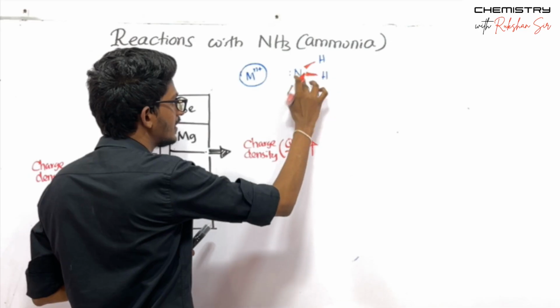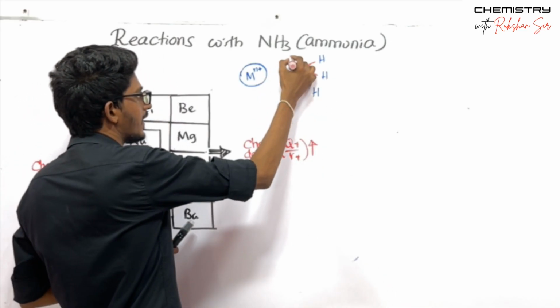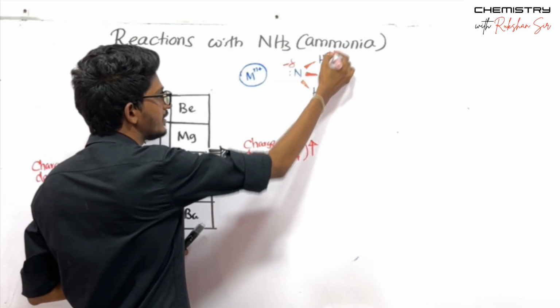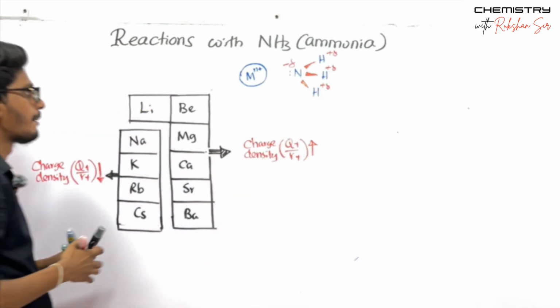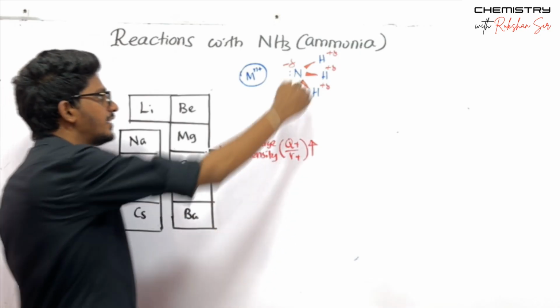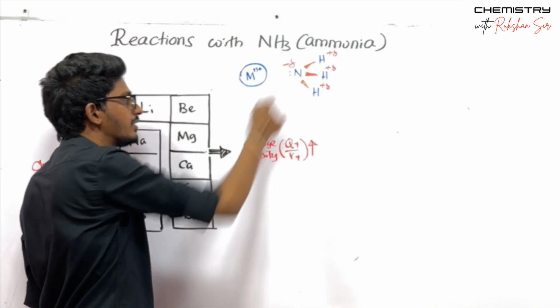Those bonds will polarize heavily, so that three hydrogens will be released as H pluses, and you will form the N3 minus anion.